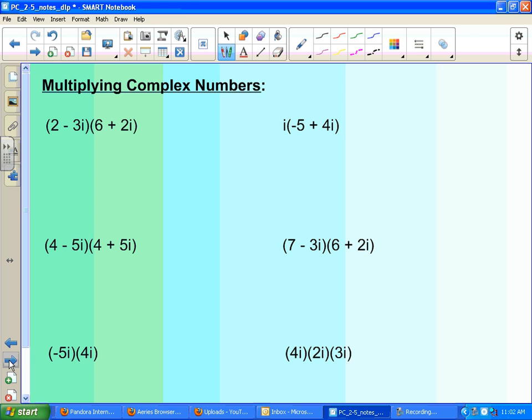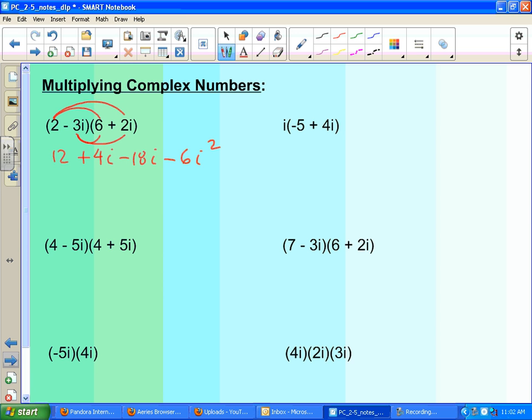Way to go. So if we distribute this, we get our real parts, 2 and 6. There's my 12. And then if I do that whole FOIL thing, I have 2 and a 2i, which means I have a 4i. Then I've got a negative 3i and a 6, so there's negative 18i. Negative 3i, positive 2, negative 6i squared.